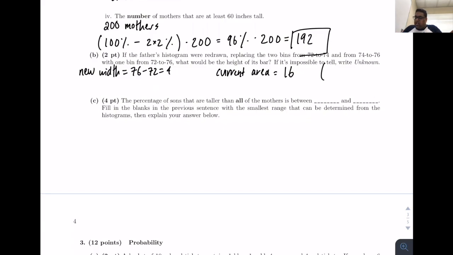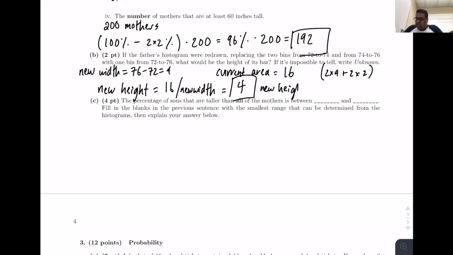So we need our new height. Since we need the same area, we would take area divided by new width. So that will also be 4. So the new height is also 4 percentage units. And hopefully that's clear as to why.